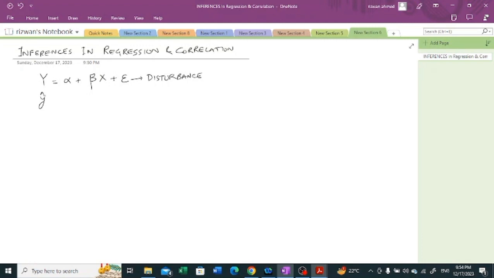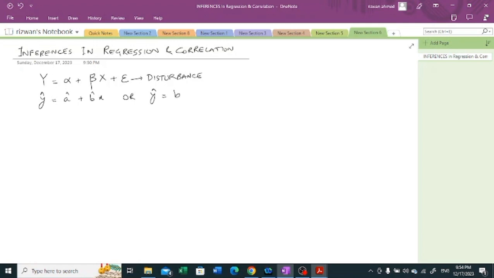The sample regression model we write down in this way, either in this form or in this form.